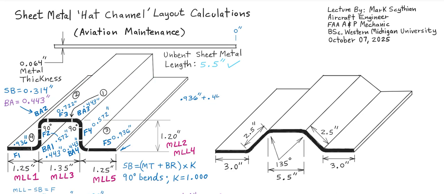So we have flat 5 plus bend allowance 4 plus flat 4 plus bend allowance 3. Then we stop. What is the summation distance? So that is flat 5 plus bend allowance 4 plus flat 4 plus the bend allowance 3.